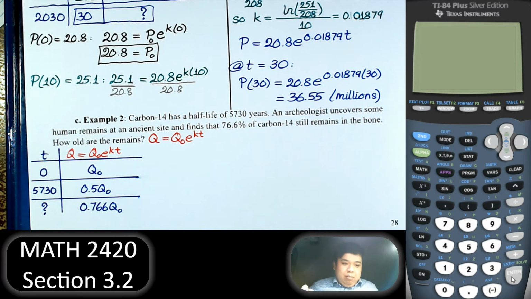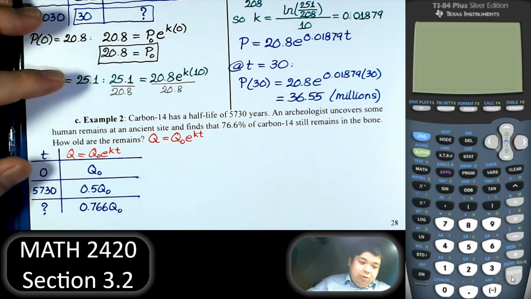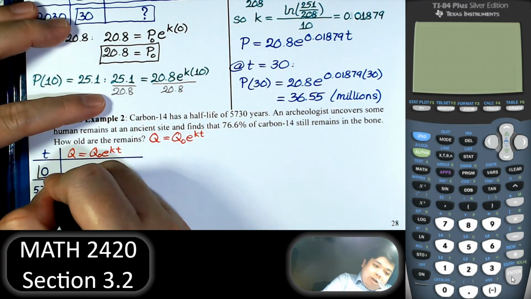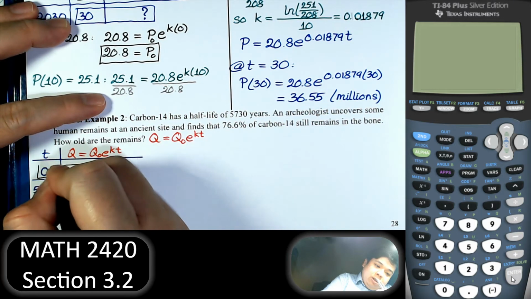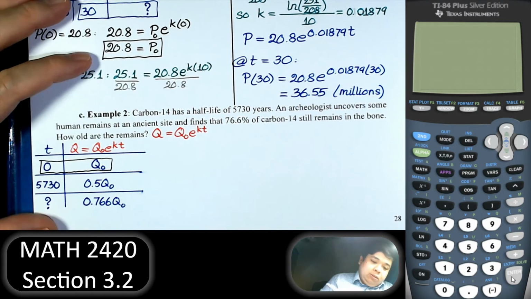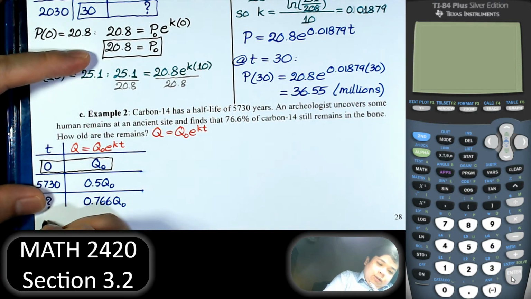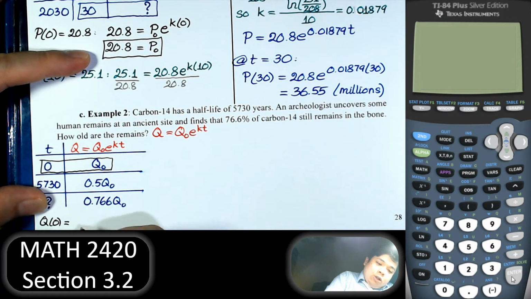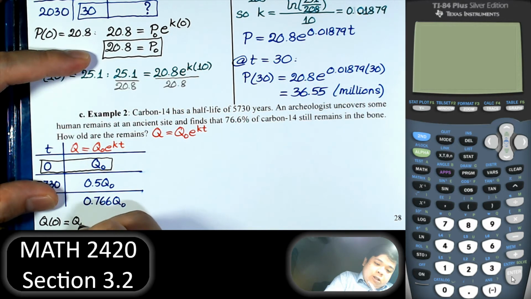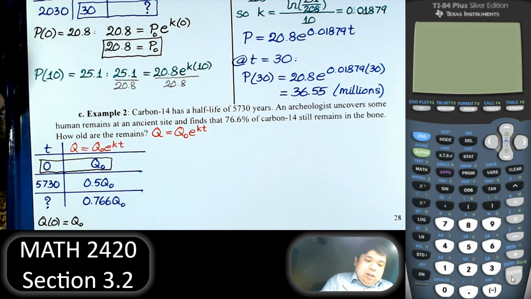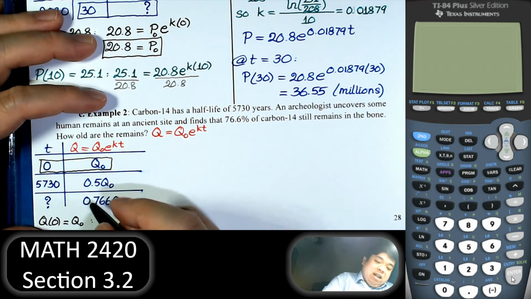Right, so pretty much like the previous problem. First, we put this pair of information into our problem. So in that case, we don't even need to do any math here.